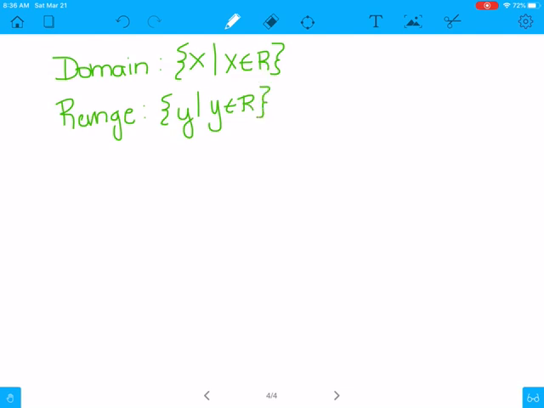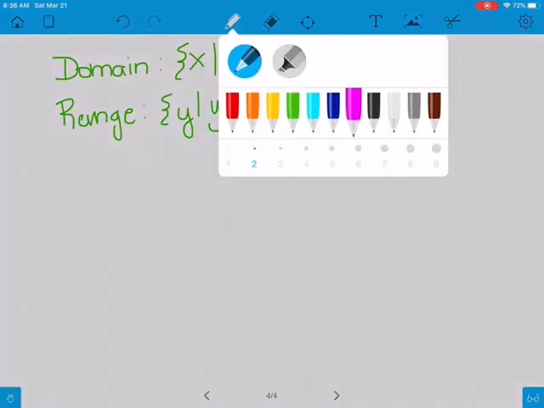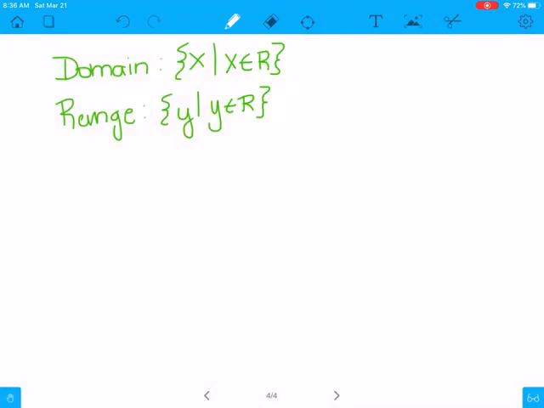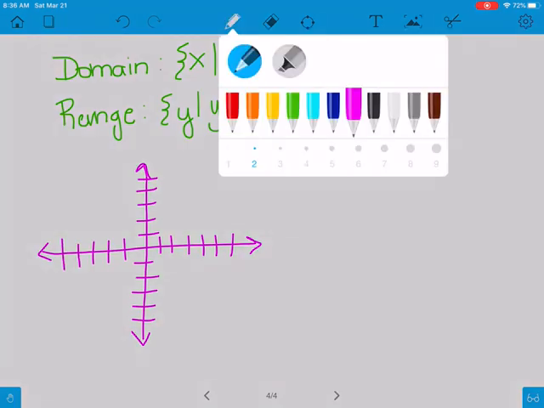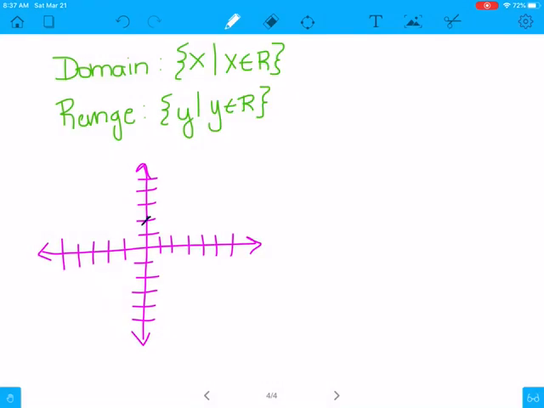Okay? So I can give you an equation and ask you for that stuff, or I could give you a graph and ask you for that stuff. So if I give you a graph of a linear, this is my graph. And it looks like this. Doesn't have to be accurate other than where it's going through the y.